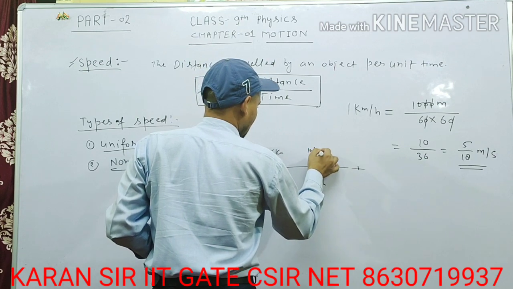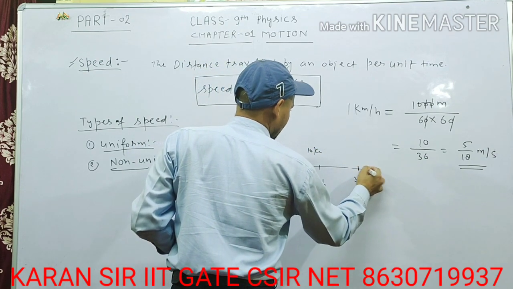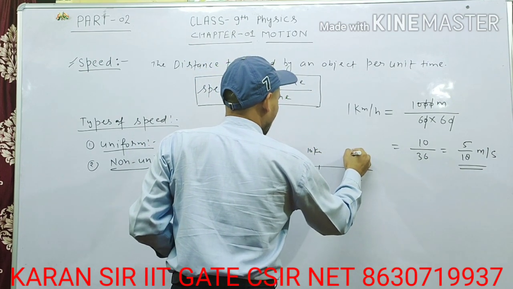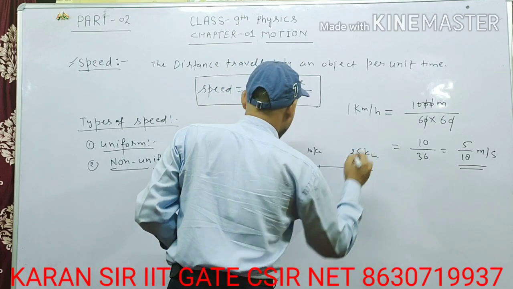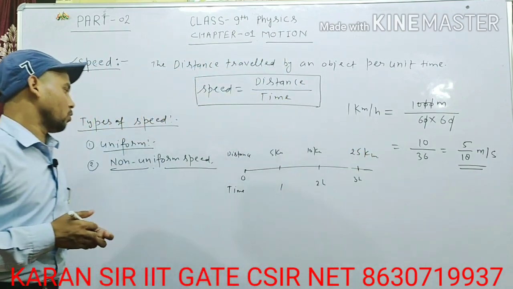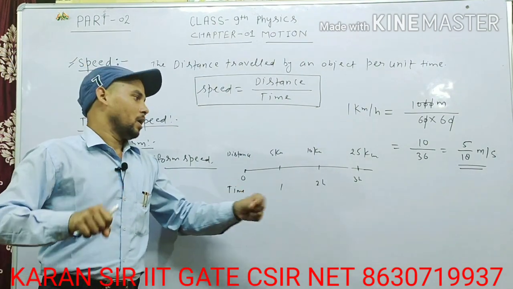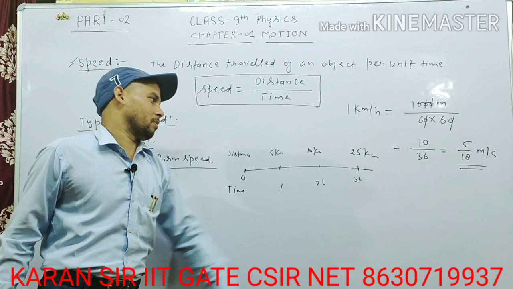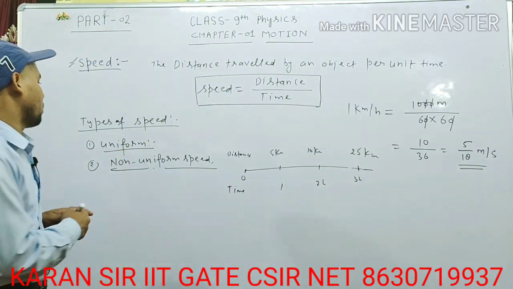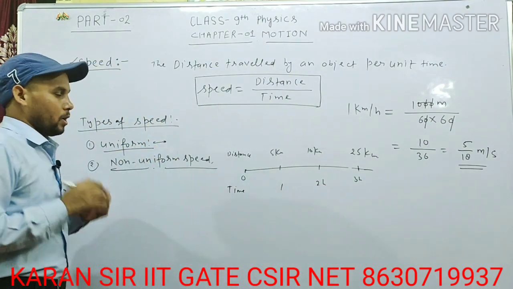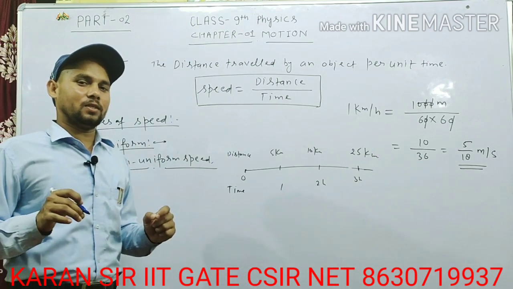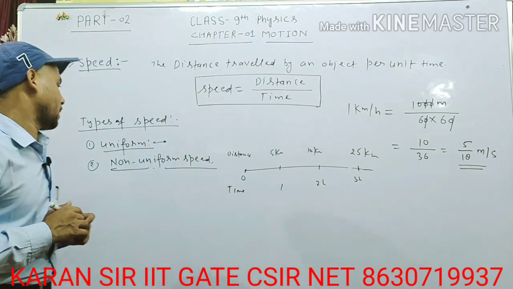In 3 hours he covers 25 kilometers. Understand? This is non-uniform speed because the speed is changing. Similarly, in uniform speed, an object covers equal distance in equal intervals of time.